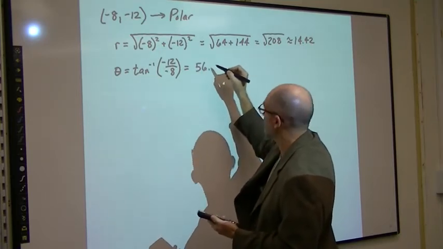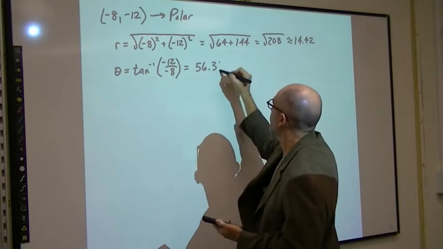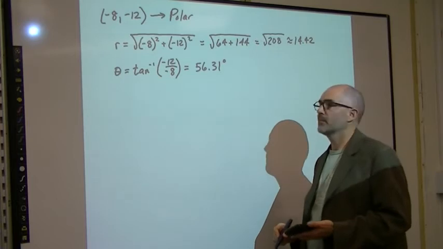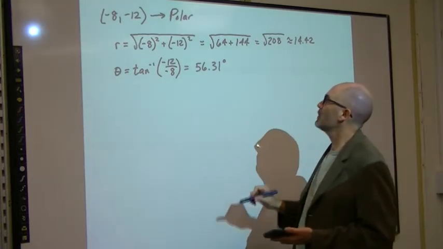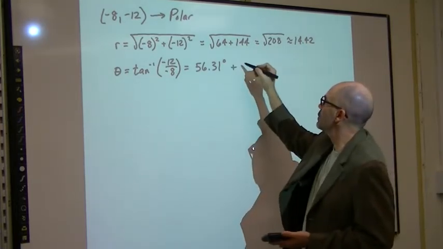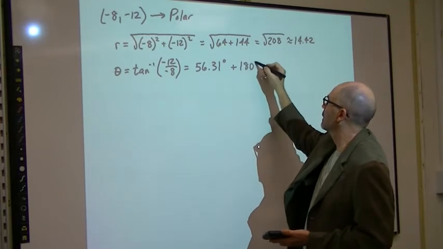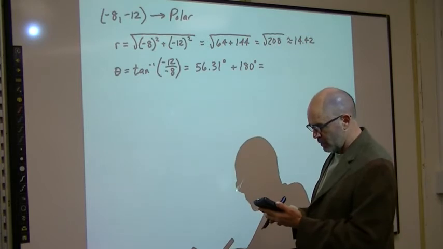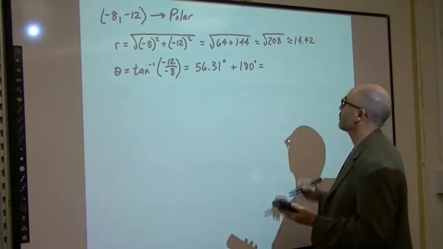Now let's make it 56.31 degrees. That's not the right quadrant. I'm in the third quadrant, so I need to add 180 to that. So I end up with 236.31 degrees.